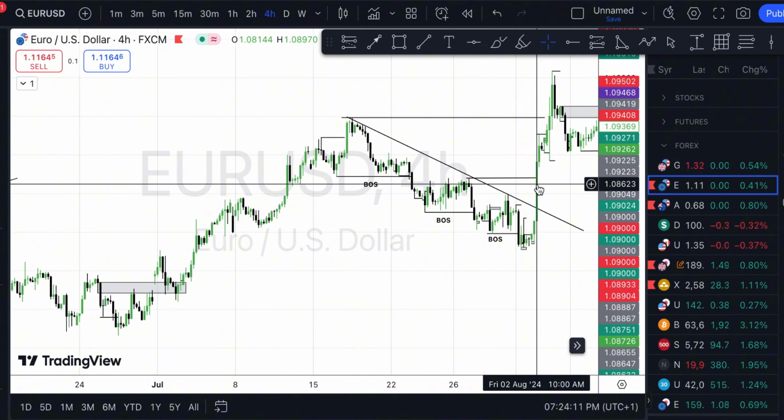This is potentially signaling a new trend or a continuation of the current trend. By understanding these basic components of market structure, you will be better equipped to analyze price action and make informed trading decisions in the forex market.